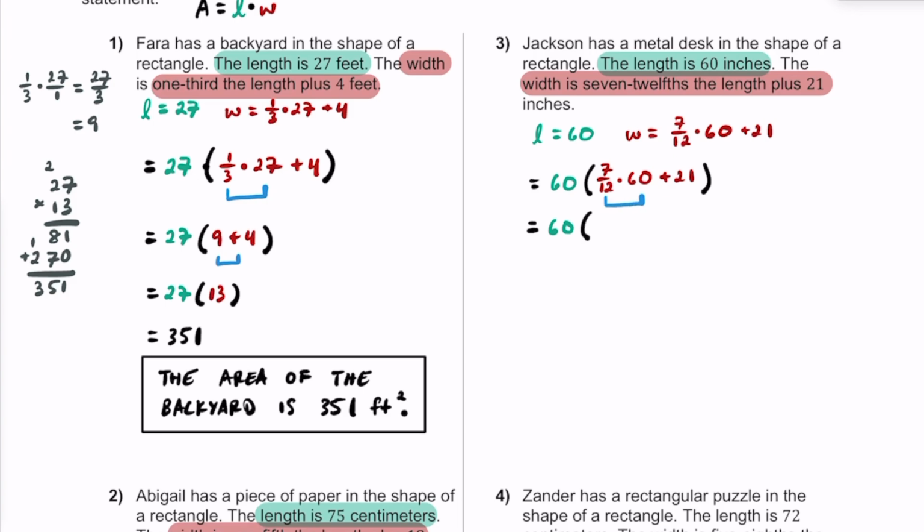Let's start with 7/12 times 60. Now I'm going to do this on the side here, 7/12 multiplied by 60 over 1. Now 7 times 60 is going to be 420. And then 12 times 1 is just going to be 12. Now, turns out 12 goes into 420 evenly. It's going to go in 35 times here, so feel free to do that on the side, or you could also use the ladder method and say 420 and 12, or you could simplify before you multiply.